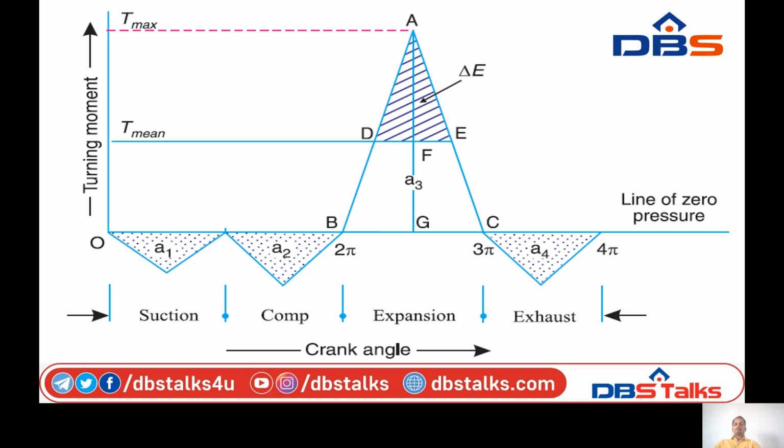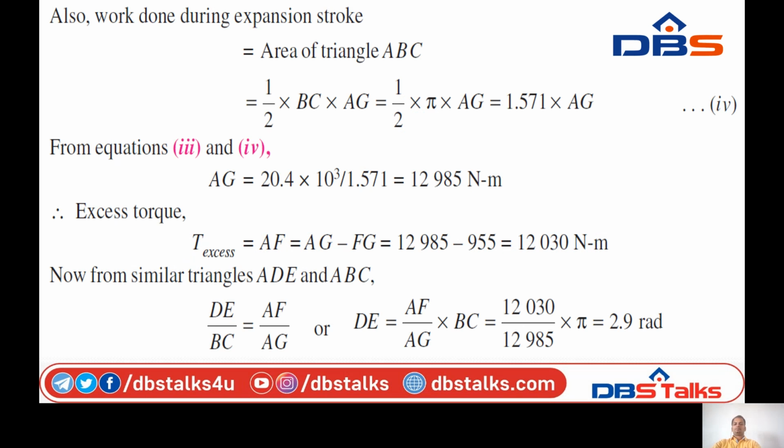For triangles ADE and ABC, by matching, DE by BC is equal to AF by AG, or DE is equal to AF by AG into BC. By substituting that, we get the angle, that is omega value, 2.9 radian.